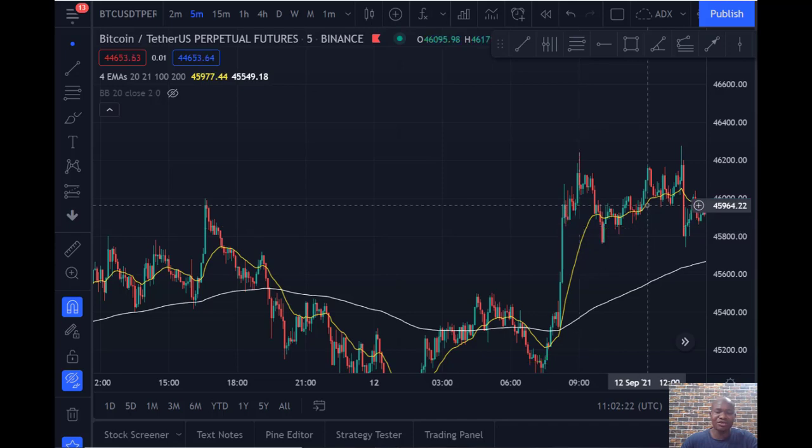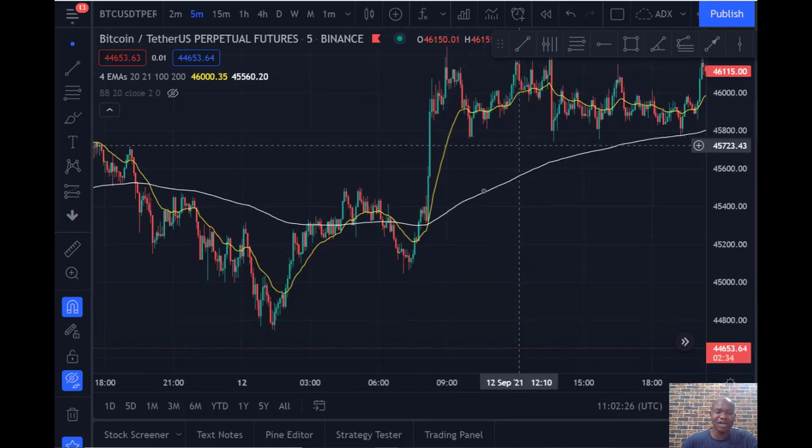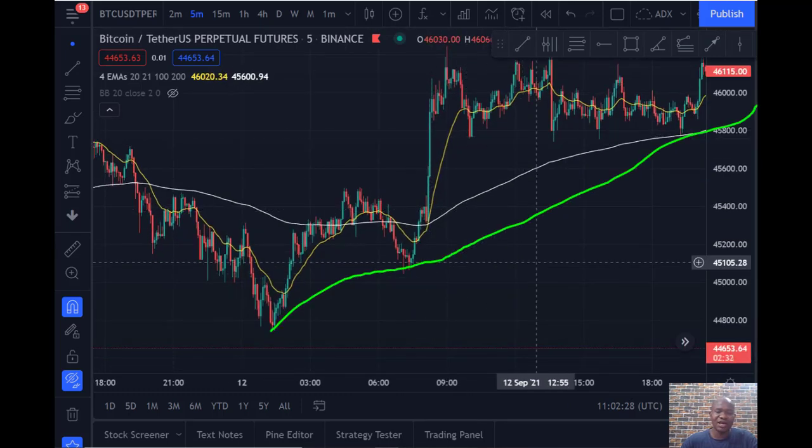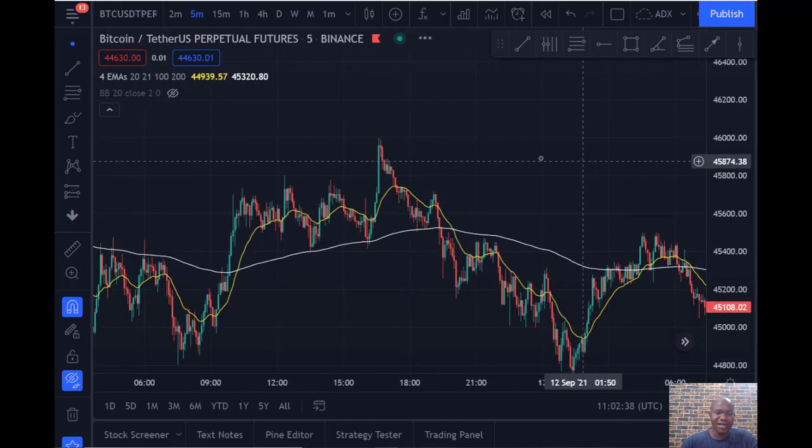So we are taking on this trend until finally this trend is broken. As you are doing it, you are drawing your trend line from here to here and once this trend is broken, that tells you that the whole move might be coming to an end. All right, so the same thing applies here.